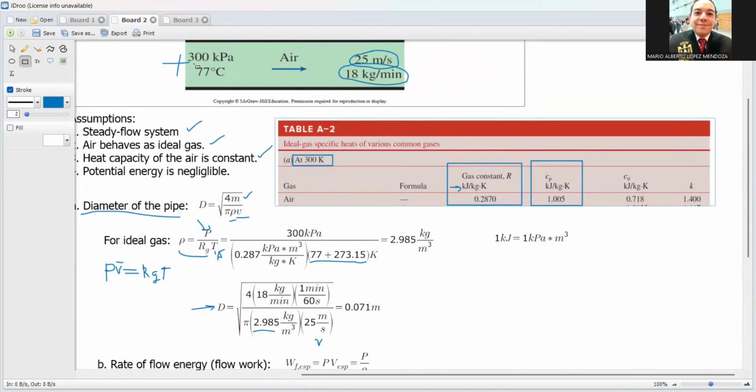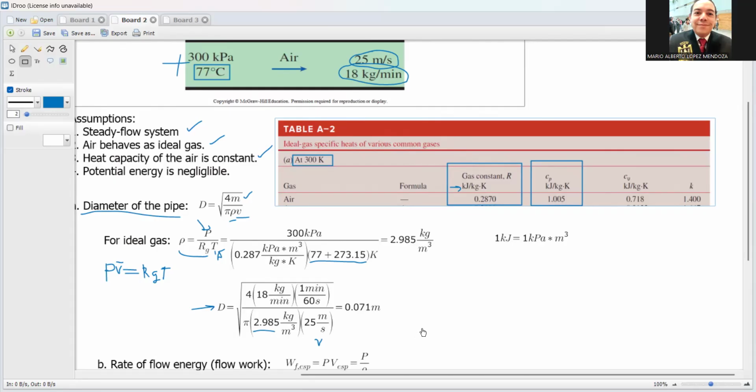So we have air at a high temperature. In a strict sense, we need to re-estimate this heat capacity for this temperature. But as we have supposed that heat capacity is constant, we can use this value for the heat capacity even though the temperature is not the same.